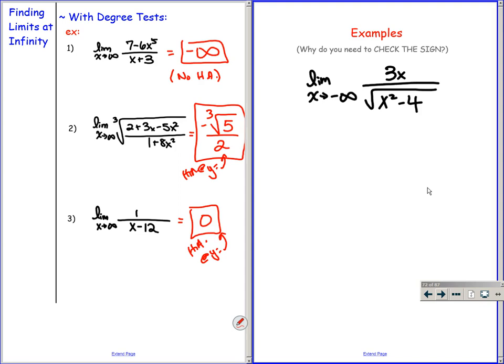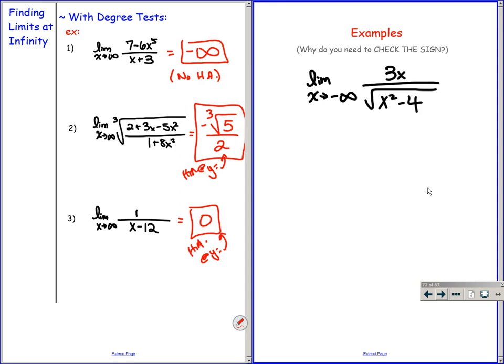You guys agree? But I don't know if it's negative or positive. -3, 3 or -3? It can't be plus or minus because you're only going one direction. It can only stabilize at one value.